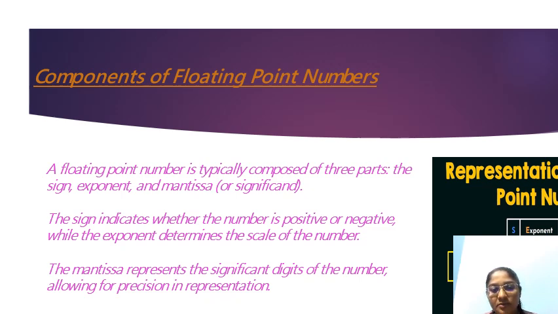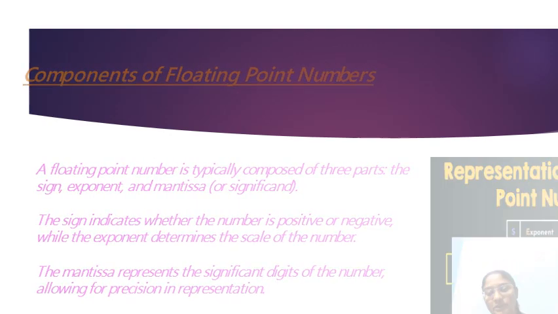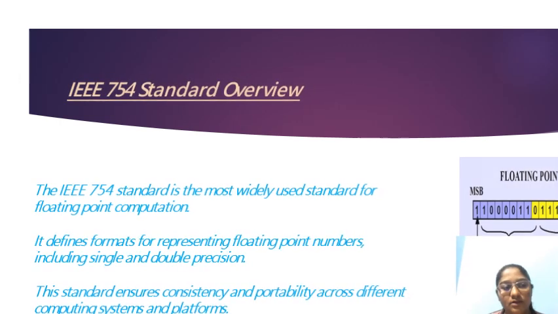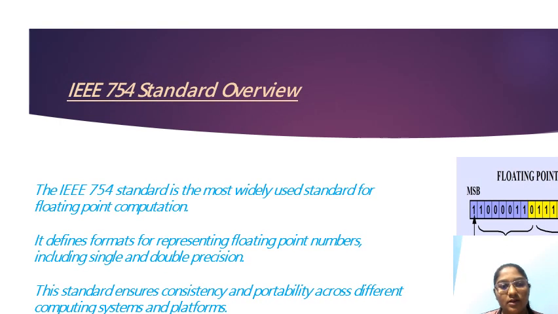The fraction represents the significant digits of the number, allowing for precision in representation. In the next topic, I'll give an example of the components of a floating point number. This is the example which I have set for the components.